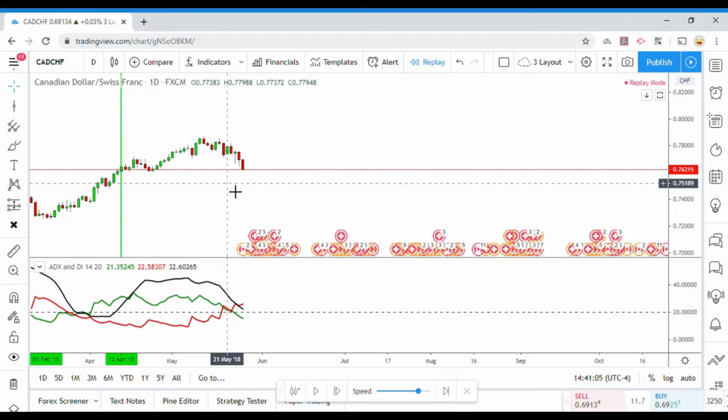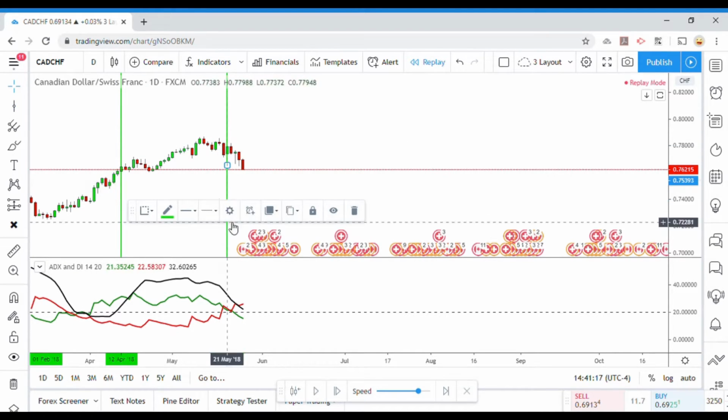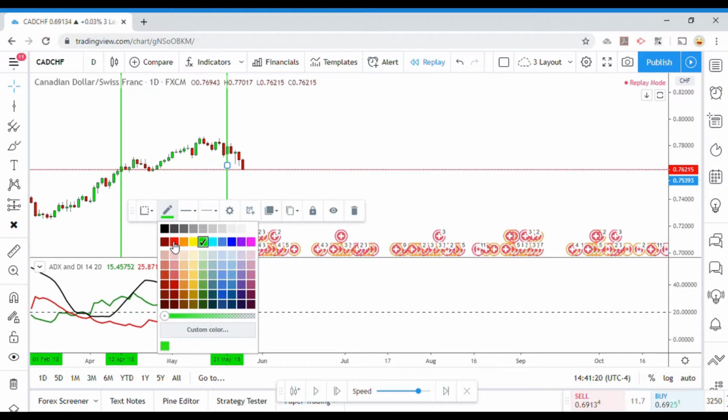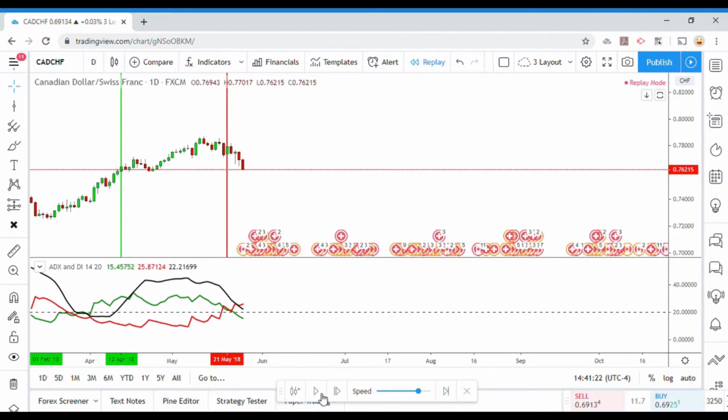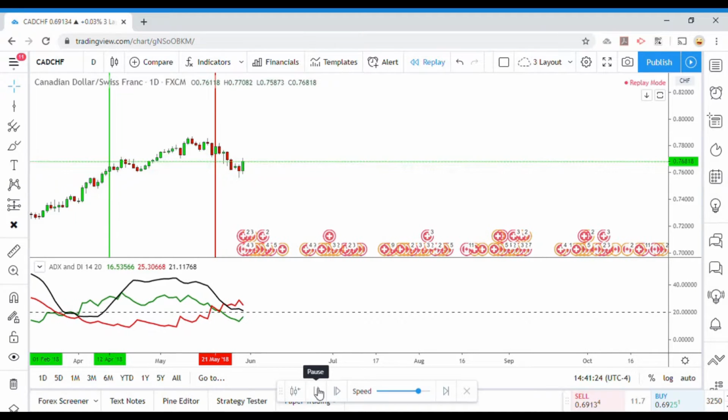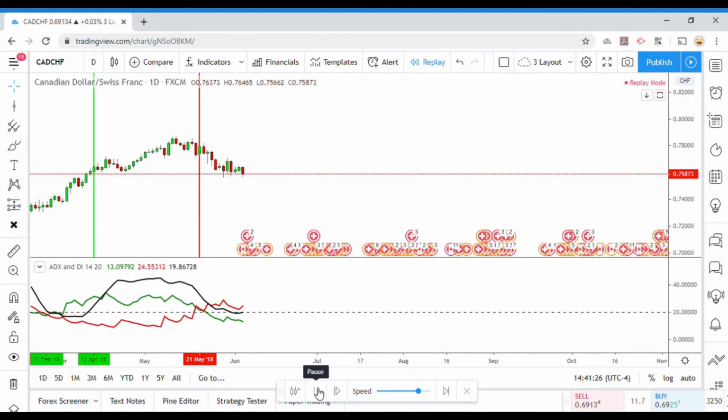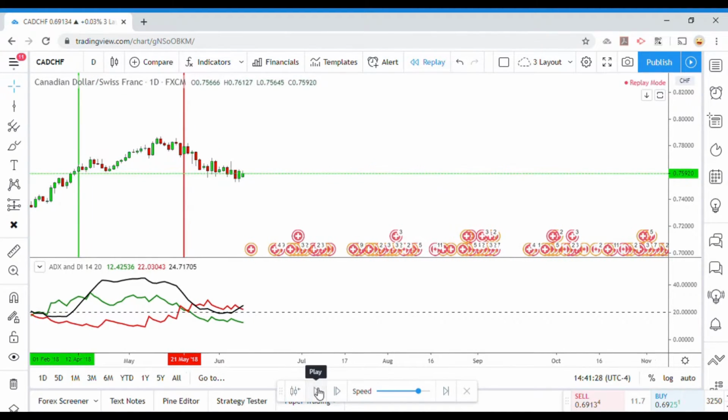The open of our entry candle would have been 77.38. That means our stop would have been at 78.13, and sure enough, we would have gotten stopped out right there. That's what I thought. Moving on.